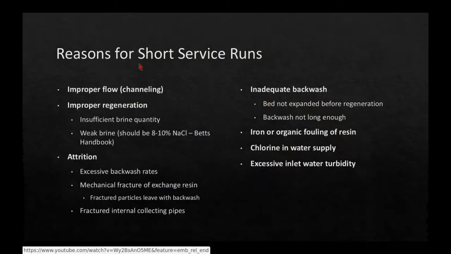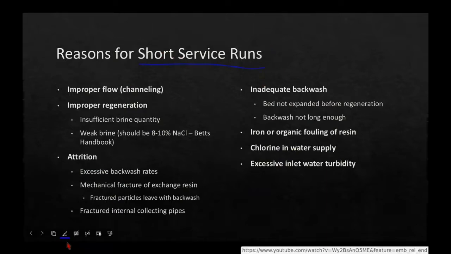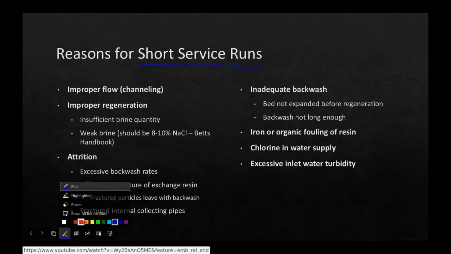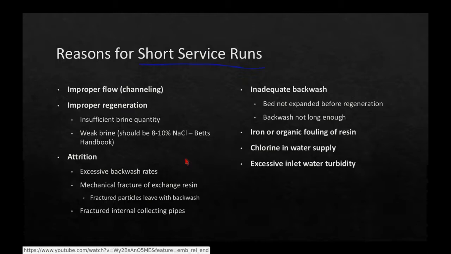So why would we get a short service run? I mean, what we would really like is a nice long one. We want to know that we don't have to use lots of chemicals to continuously regenerate this thing. If this is a 100,000 grain per gallon softener, and we're putting in water that's 200 grains per gallon.